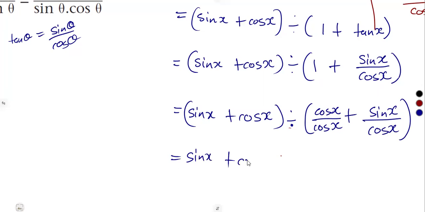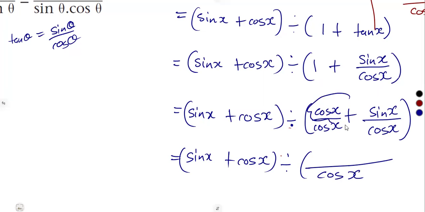Sorry, I was supposed to add this at once, but no problem. Let us combine because we have the same denominator, which is cos of x. So we can simply add the numerators together: cos of x plus the sine of x. This is where we are.